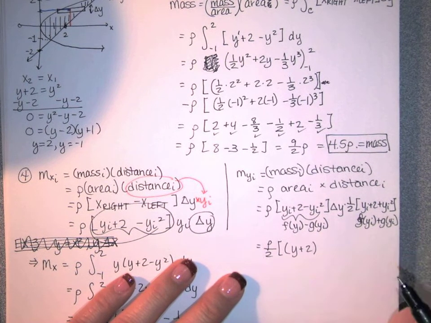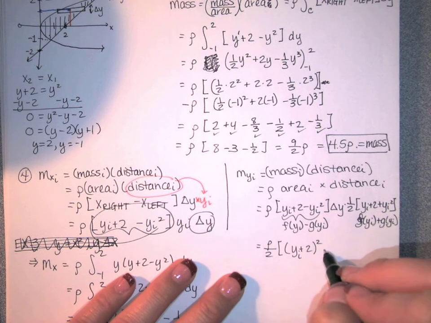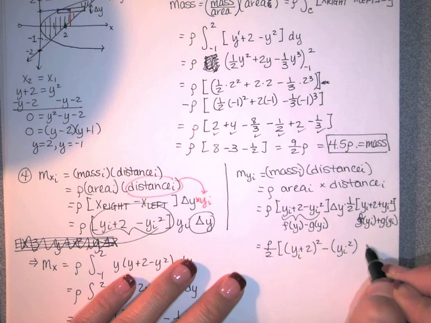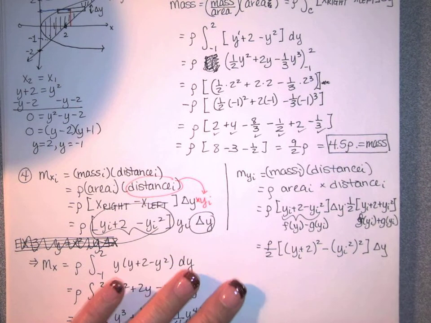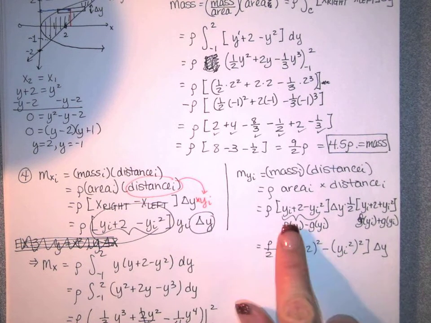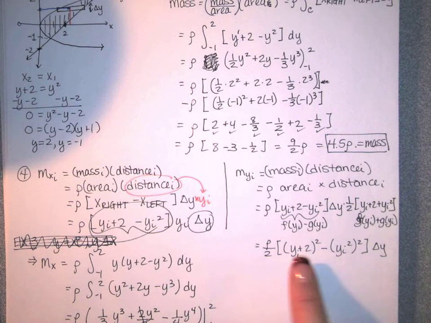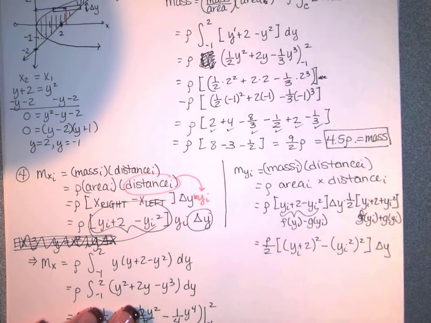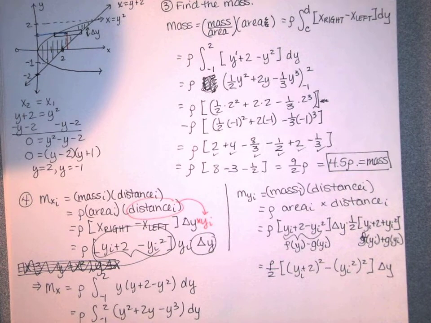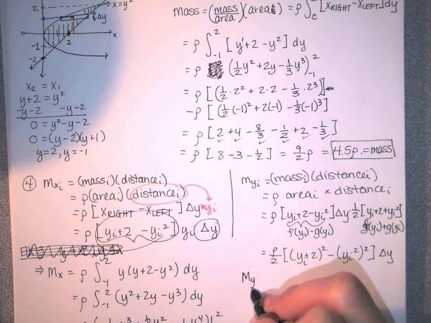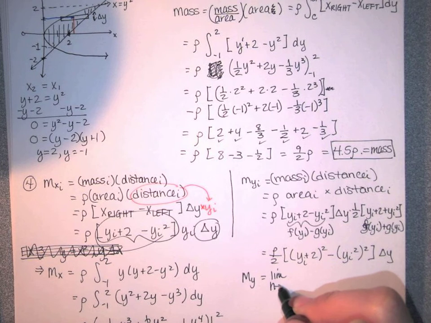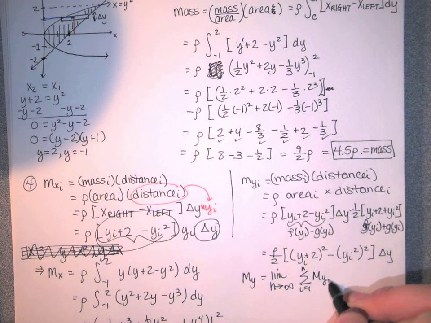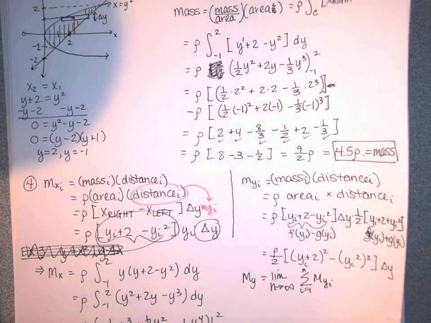So it's going to be x on the right squared minus x on the left squared times delta y. Now if you don't believe me, you can take that trinomial and multiply by that trinomial. Turns out you're going to get exactly the same thing. So that's the moment about the y-axis for that one rectangle. And then the total moment about the y-axis is the limit as the number of rectangles goes to infinity of the sum of all the individual moments about the y-axis for all those rectangles. And that's going to define an integral.